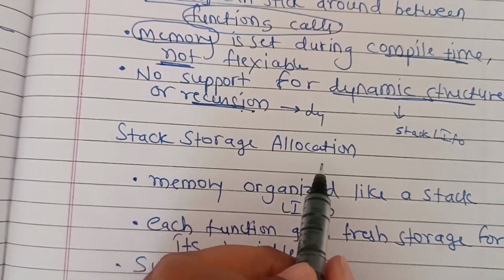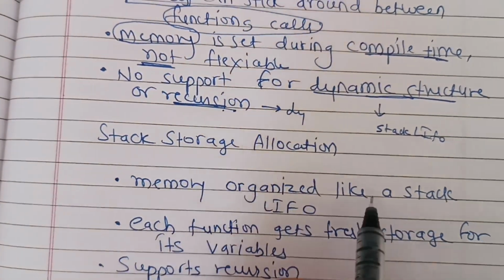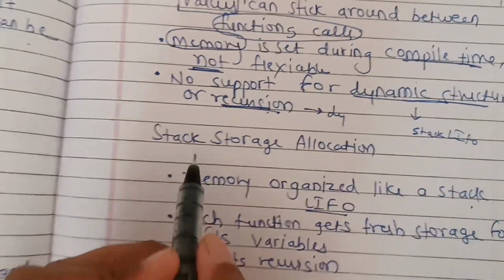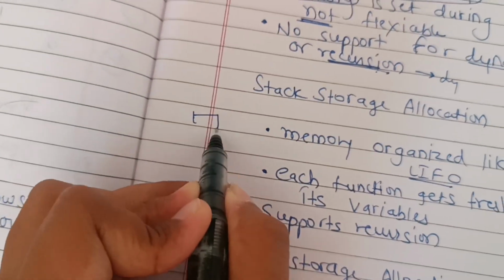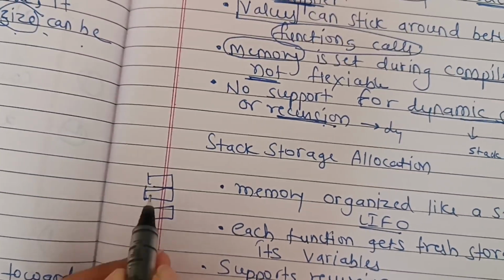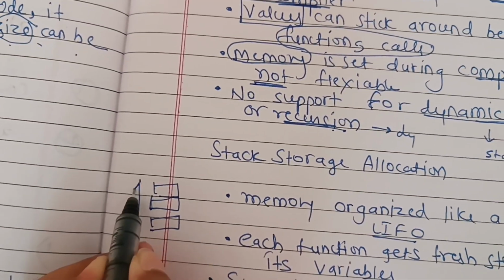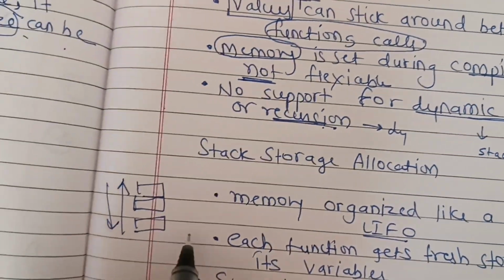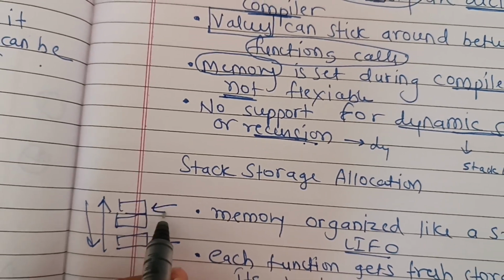Coming to stack storage allocation, memory is organized like a stack, LIFO. Now what is a stack? It has first data, second data, then third data, stacked one over the other, which is last in, first out.